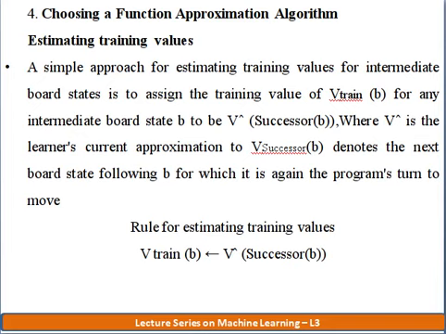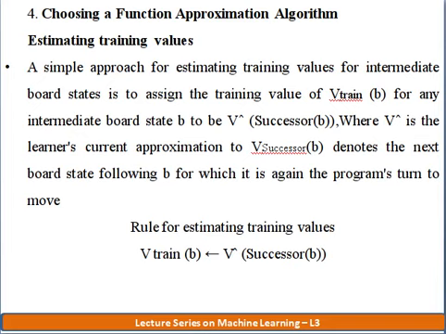Now let us study what estimating training values means. In case of indirect training or indirect feedback, as we studied in step 1, the only training information available to our learner is whether the game was won or lost.